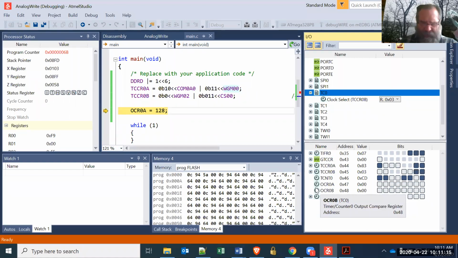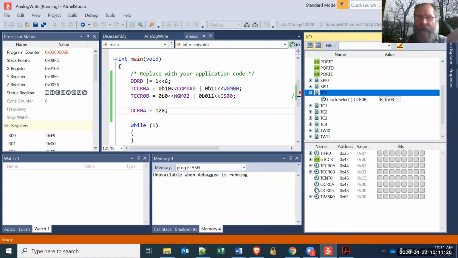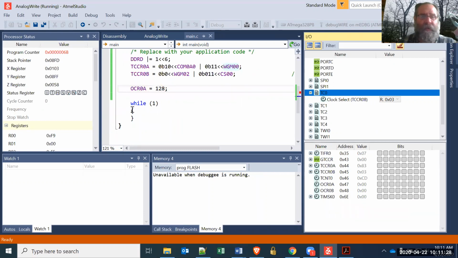Here is 0 right now. I set that to 128. Oh, and then that optimized, okay, it optimized away.